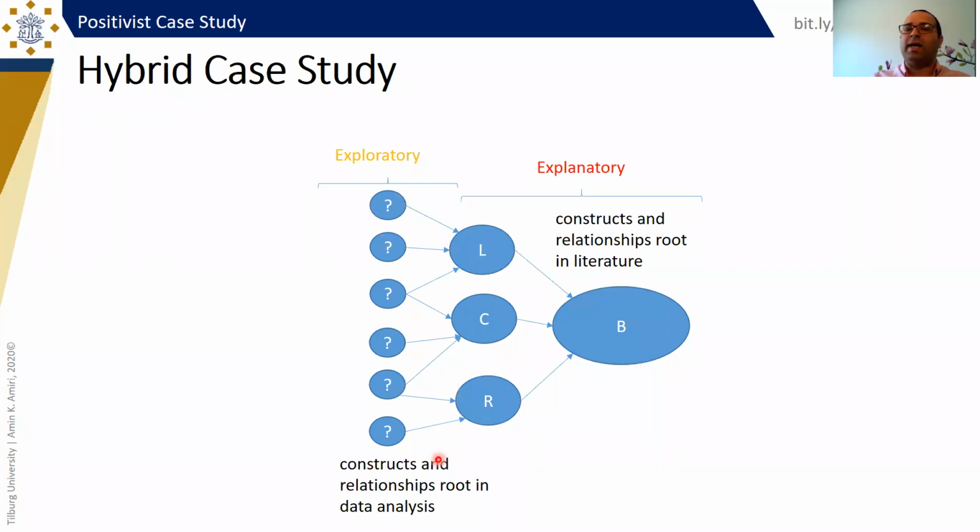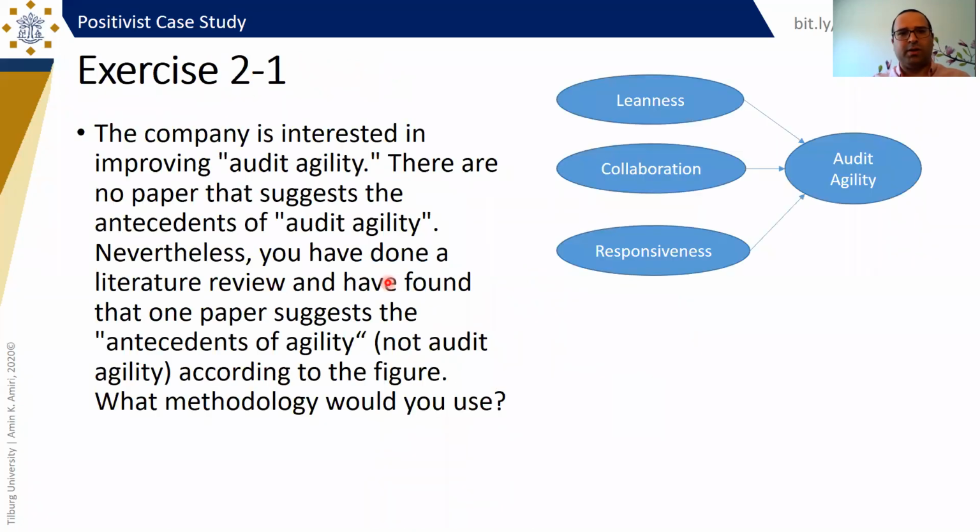I haven't found the antecedent of these three constructs in the literature. So that would be a good study. So what you do, you try to check these relationships one more time, and you try to test these, and you try to find new antecedents here. So we call this a hybrid case study.